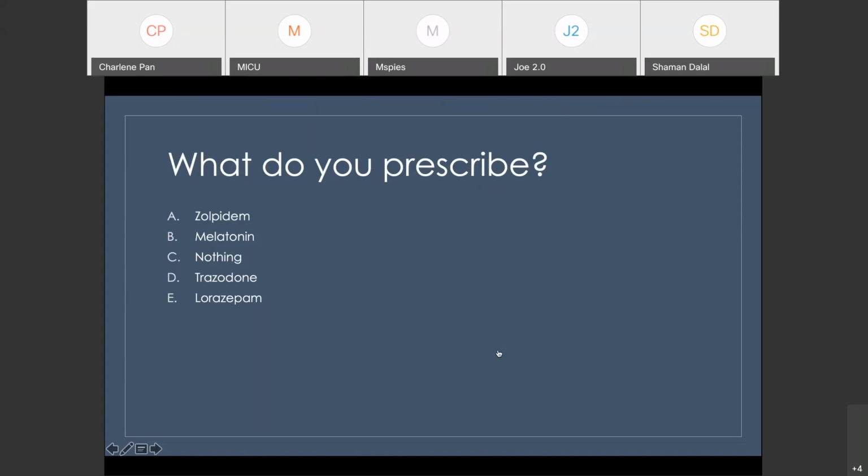Melatonin in there. What dosage of melatonin will you give? What dosage will you give, Dr. Wang? Well, it depends. That's fair. 5 is always, I feel like 10 is too much.